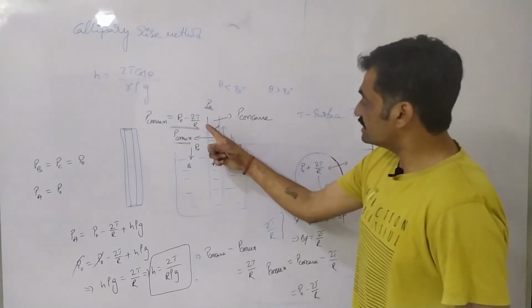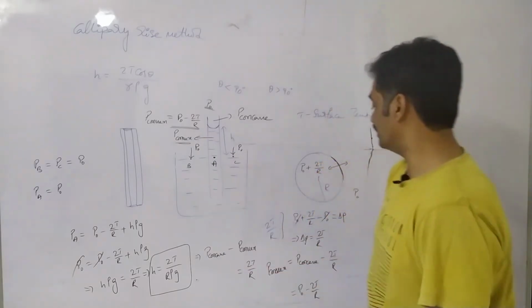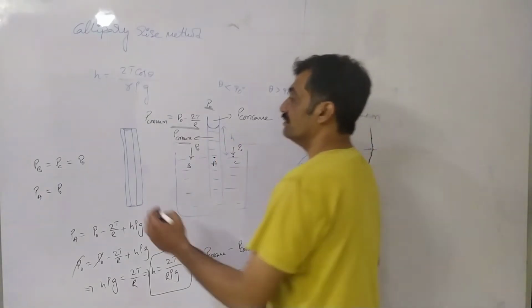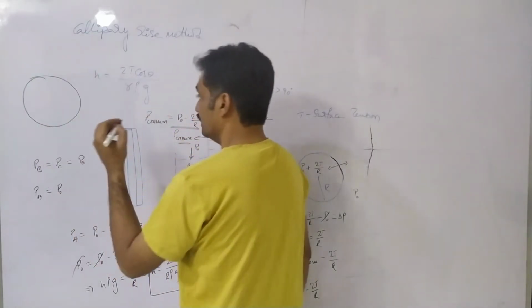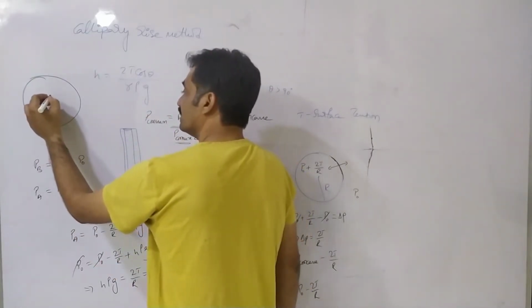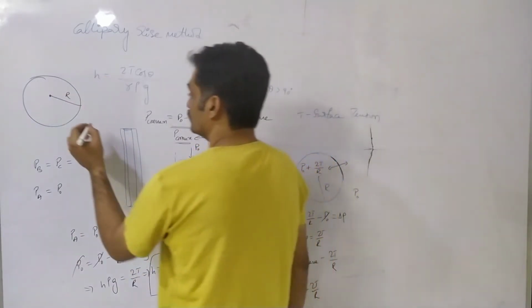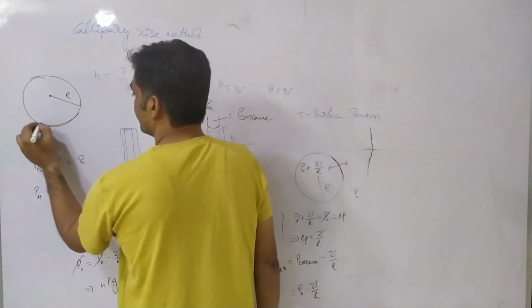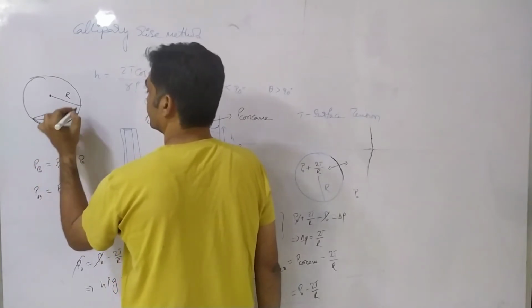So when we consider this meniscus, observe that here a meniscus has been formed. So when we consider this meniscus like this, the radius of the liquid drop is represented as R. So here this is the meniscus in the liquid drop like this.